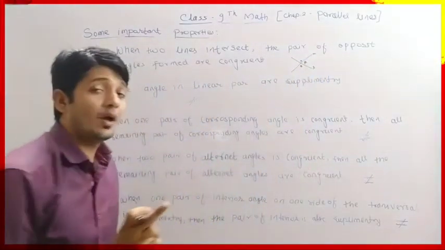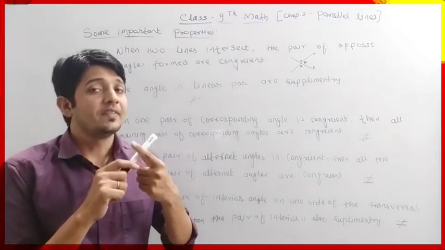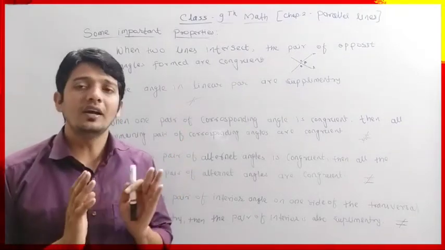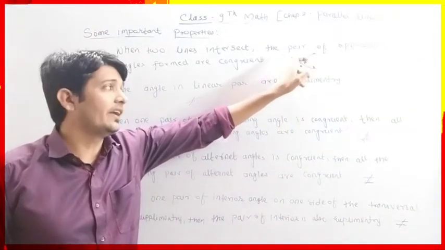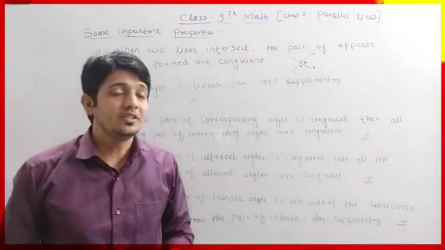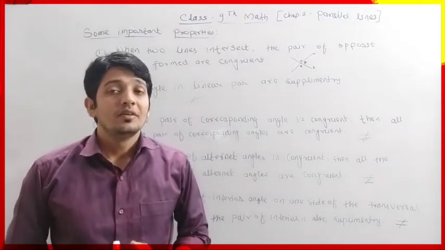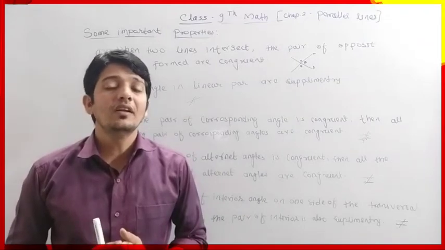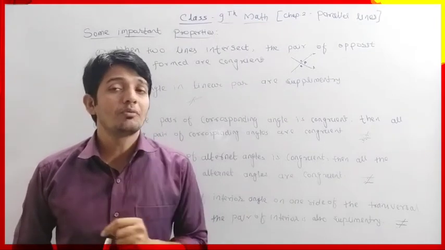So they are the pair of opposite angles. When two lines intersect each other like this, then the angles formed on opposite sides are congruent. That means if the measure of this angle is 90 degrees, then the measure of this angle is also 90 degrees. So this is our first property.